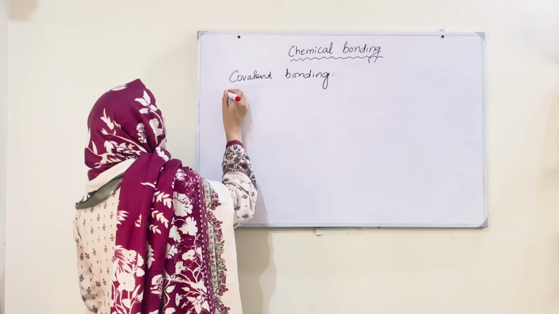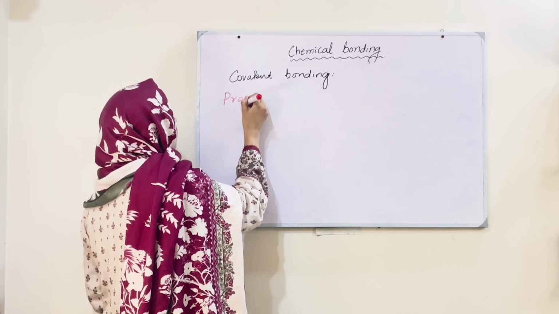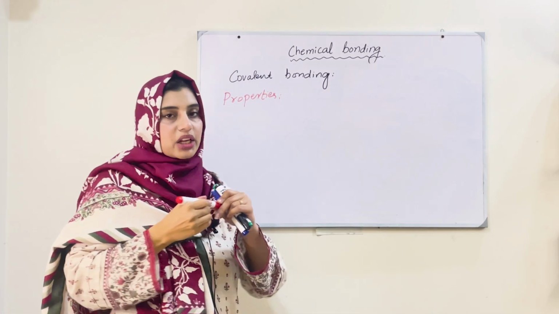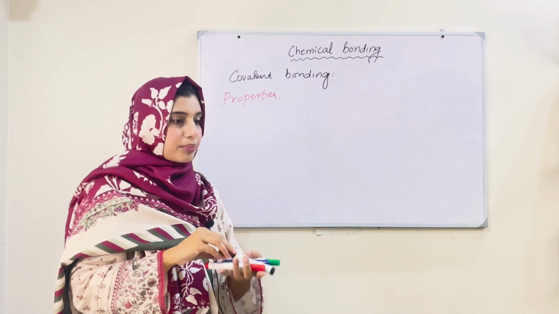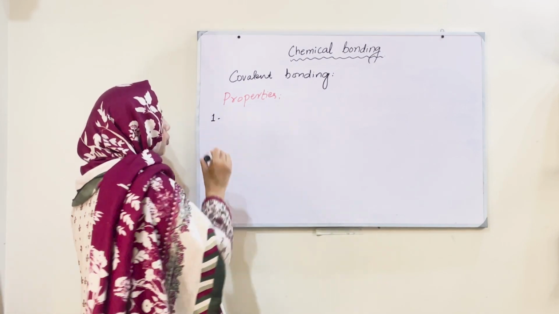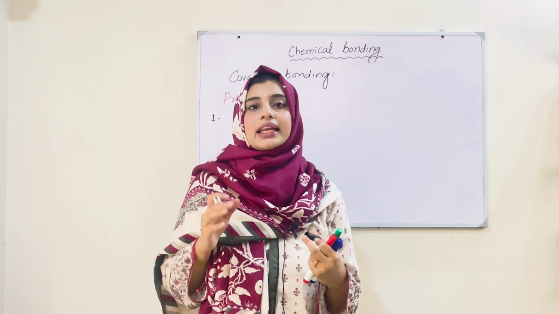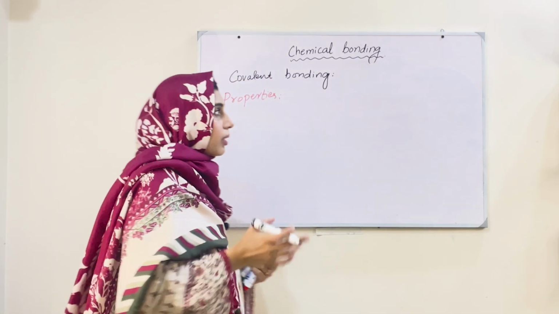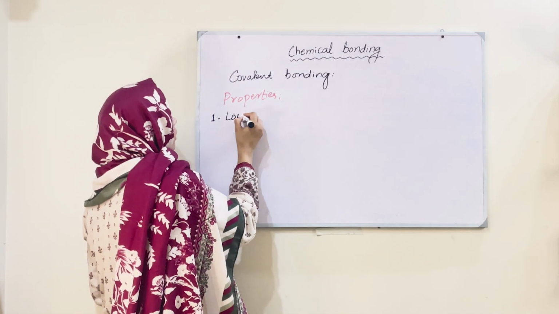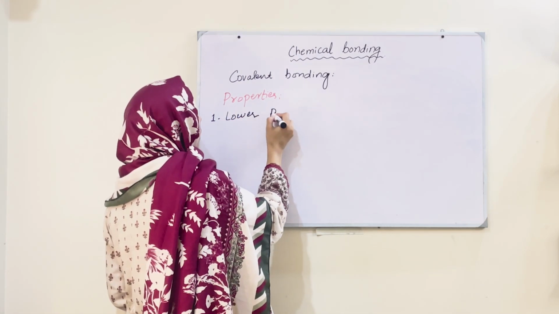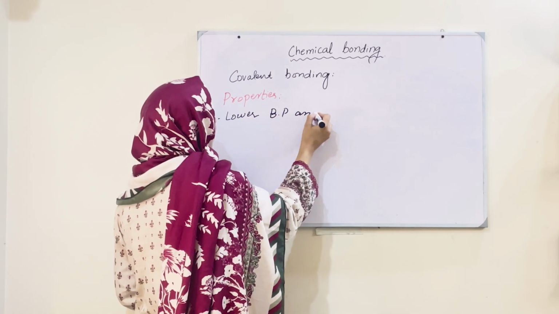Now, if I talk about the properties of covalent compounds, let's compare the properties of ionic compounds with covalent compounds. First of all, melting and boiling point. Ionic compounds had electrostatic force, that is why they had high melting and boiling point, but in this case they have relatively lower boiling point and melting point.